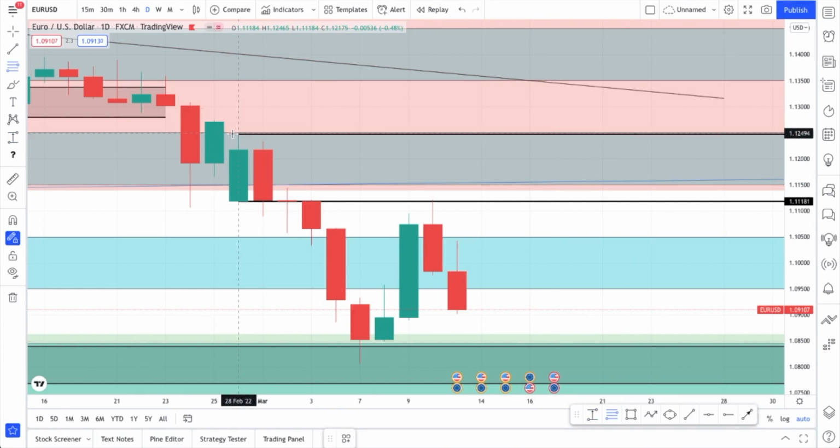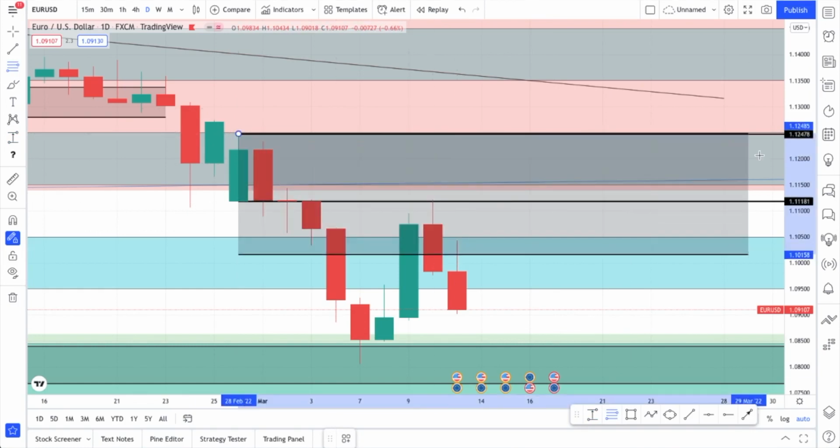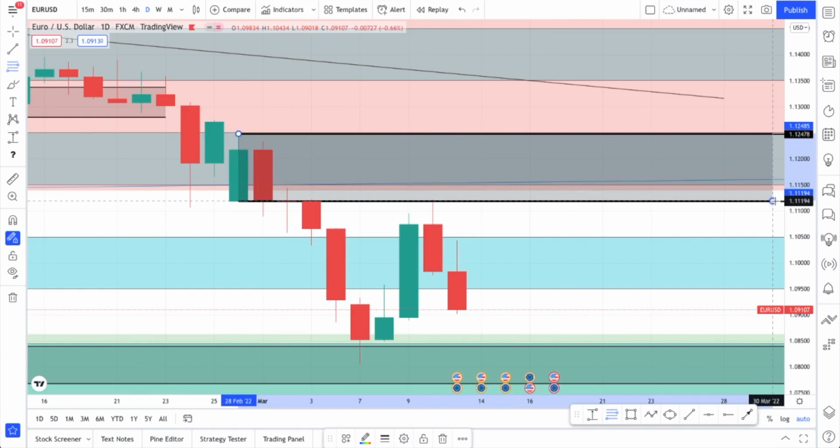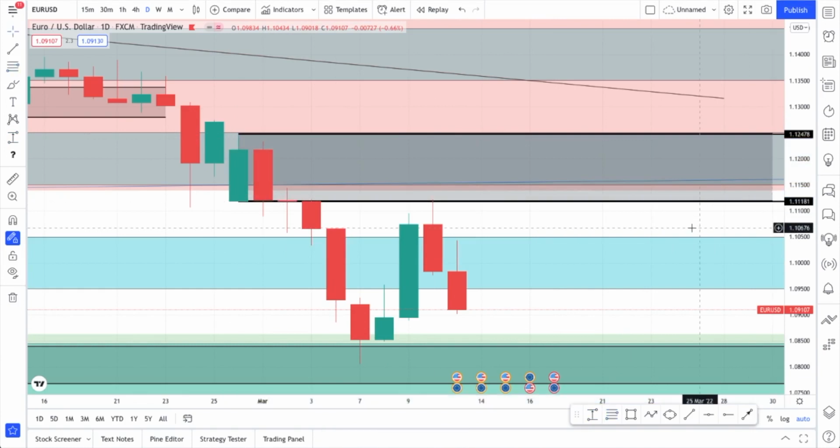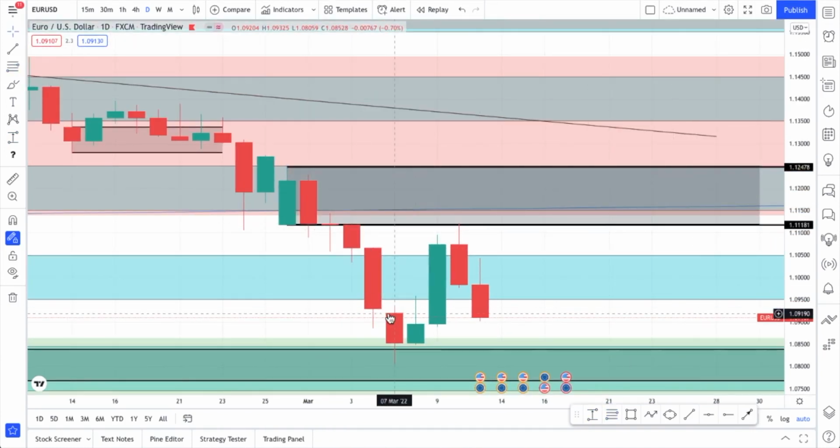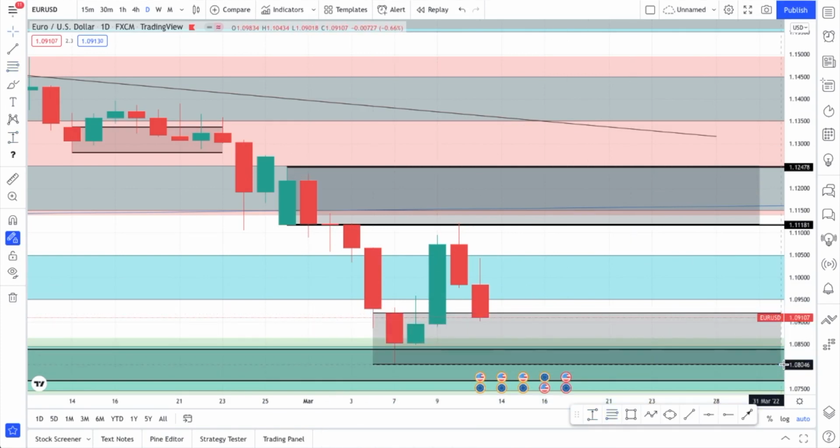Therefore, if prices do return once more, it could provide an opportunity to look for short trades. On the other side, there is a demand zone here which could provide an opportunity to look for trades to the upside. So as things stand, it's a matter of again assessing sentiment and looking to trade in accordance to what is likely to happen.